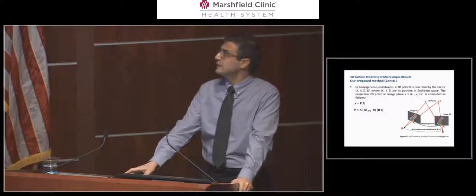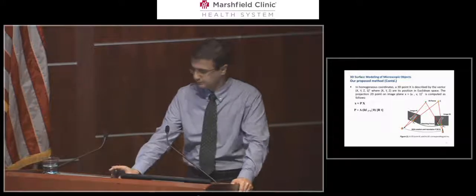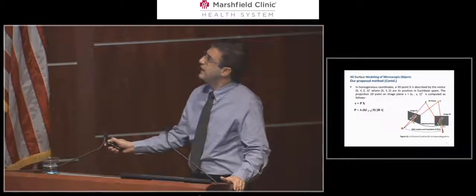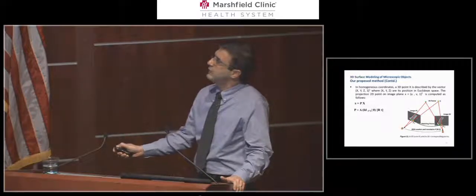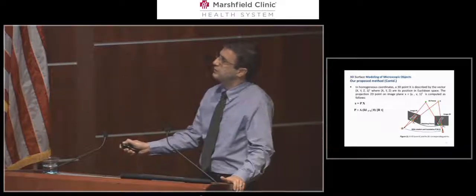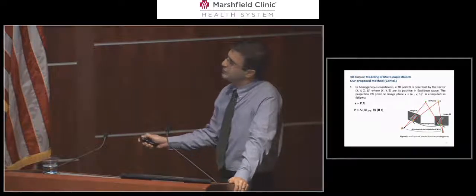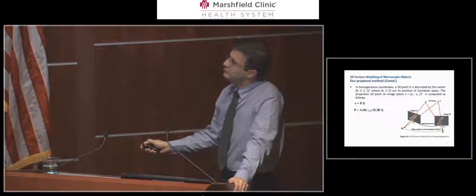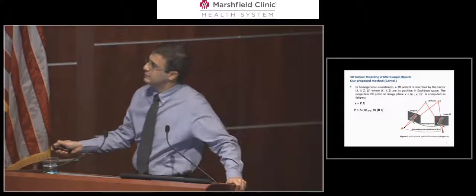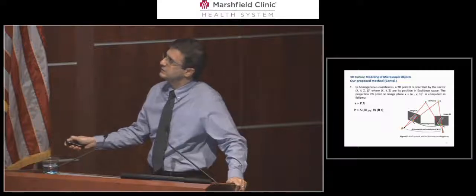So in this slide, I'm going to talk a little more about multi-view geometry. In homogeneous coordinates, a 3D point X is described by the vector X, Y, Z, and 1, where X, Y, Z are its position in Euclidean space. The 2D projection of X on the image plane, which we call x, would be u, v, and 1, computed as this equation: x equals P times capital X, this 3D point.